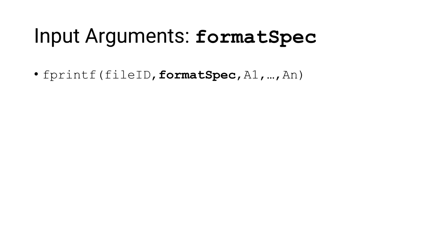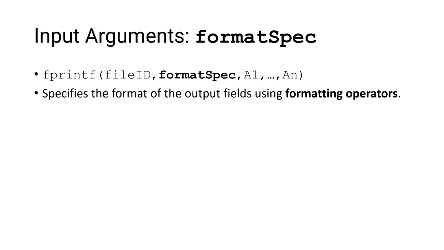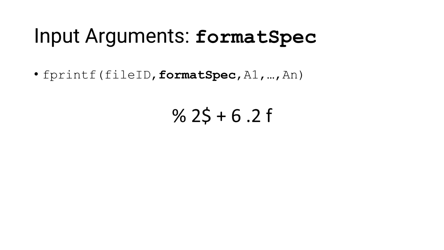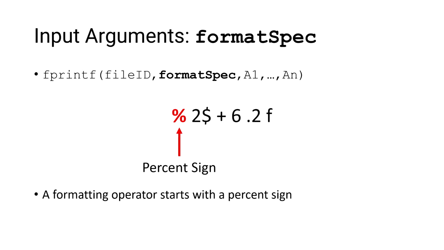Next, let's take a look at format spec. Format spec specifies the format of the output fields using formatting operators. This is an example of several formatting operators. The important thing to remember is that a formatting operator must start with a %. This is required.